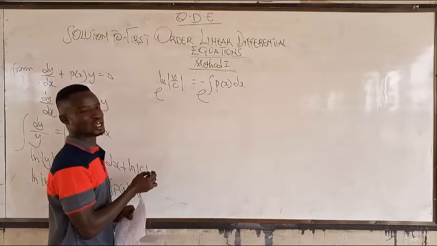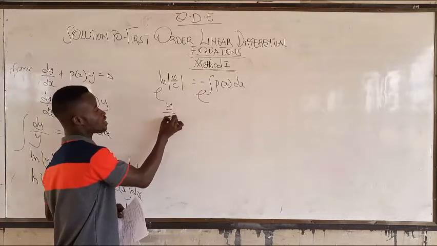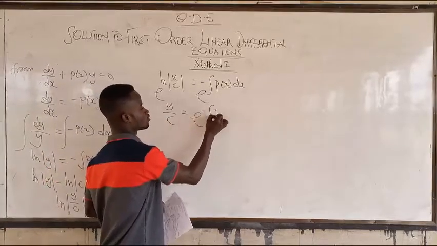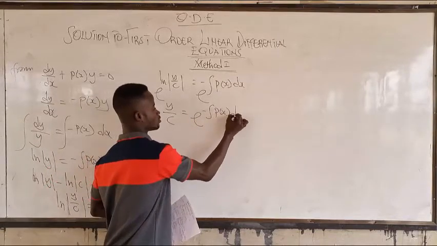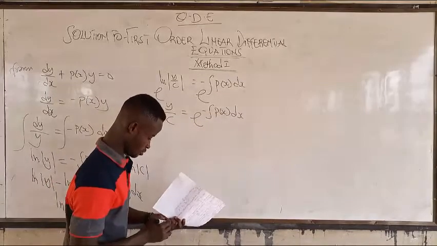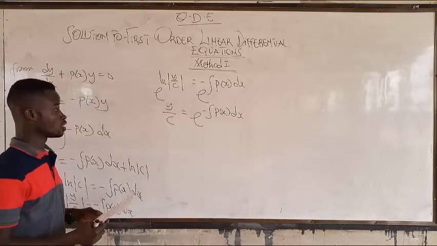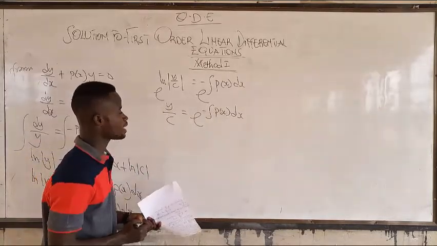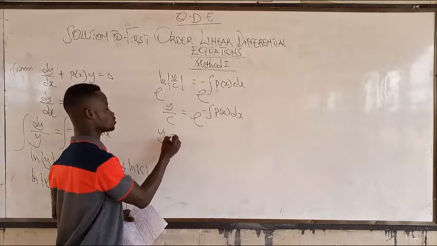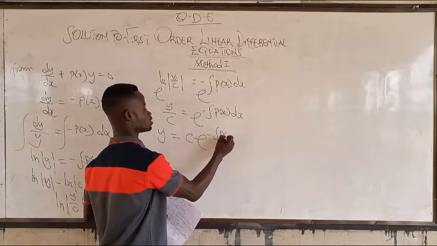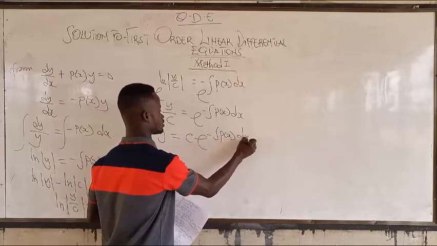And when you take the natural log of both sides, you get y over c. Very good. And here we can make y the subject, so we get y equal to c e raised to the power negative integral of p(x) dx.